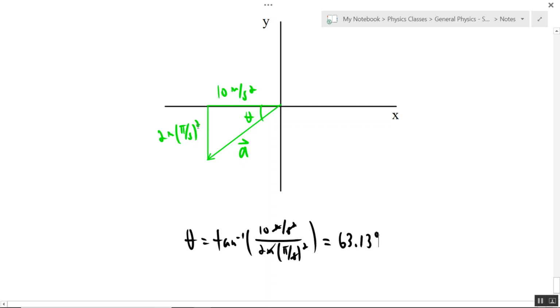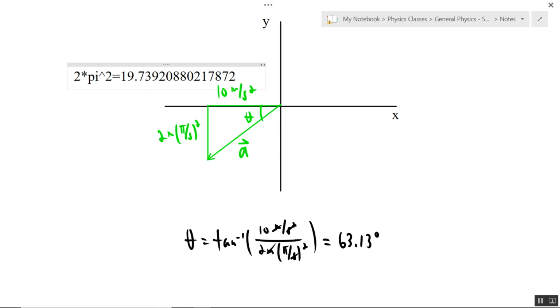It's a squared, right? So it's basically like 19.73 meters per second squared. Yeah. So could you write 2 pi and then meters per second squared? But it's 2 pi squared.